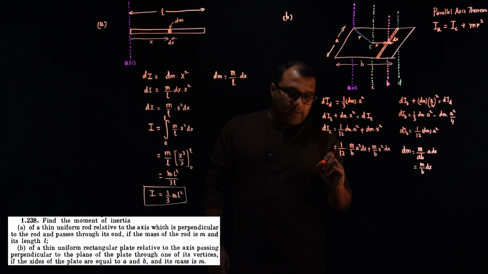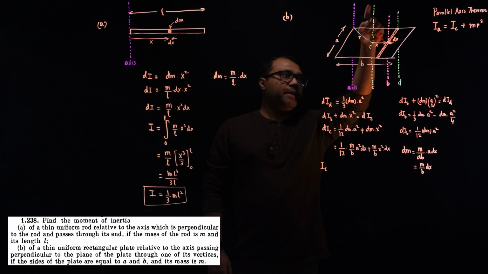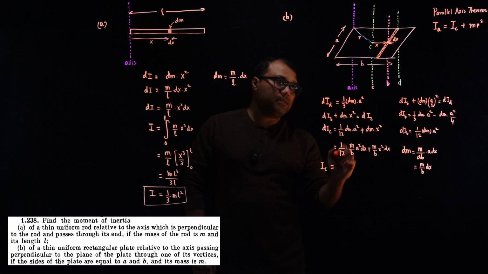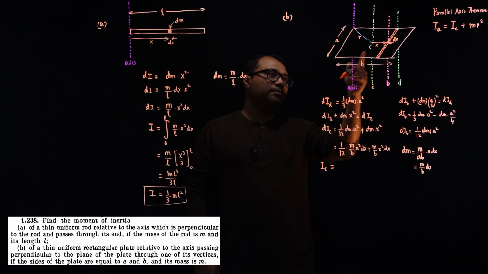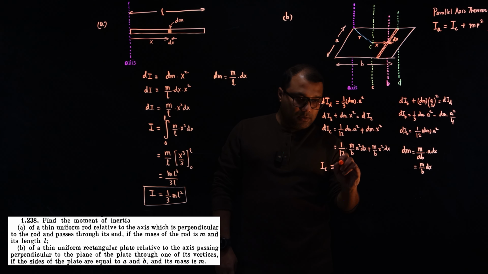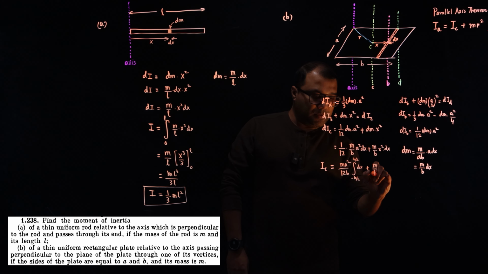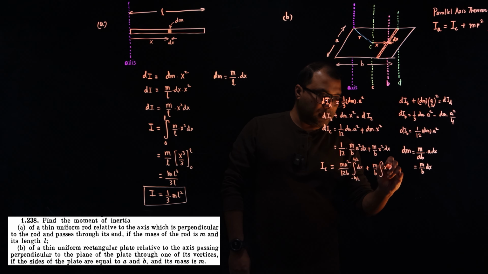Now, if I want to calculate the moment of inertia of this entire plate about C, I just integrate this. What would be my range of x? It will be minus b by 2 to plus b by 2. So this becomes, let's say, m a square by 12b integral dx from minus b by 2 to b by 2, and m by b integral x square dx from minus b by 2 to b by 2.